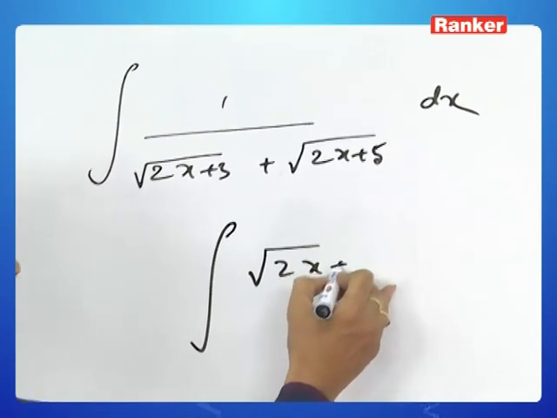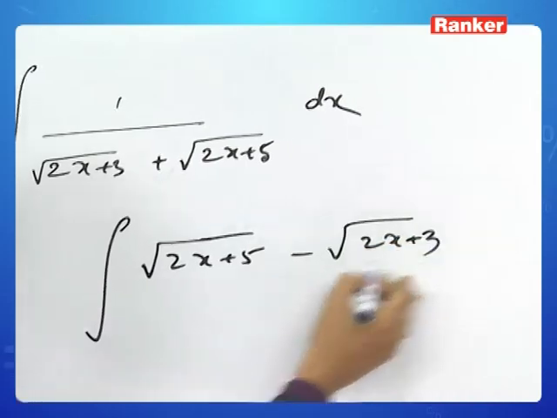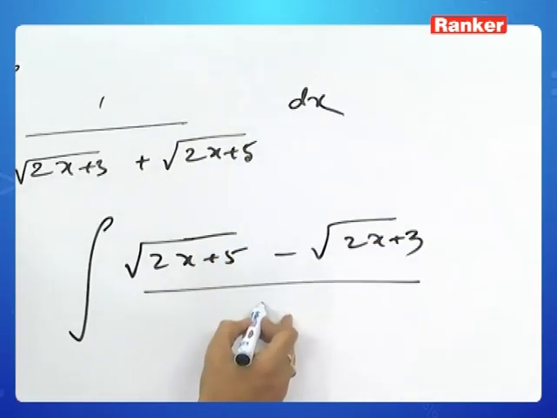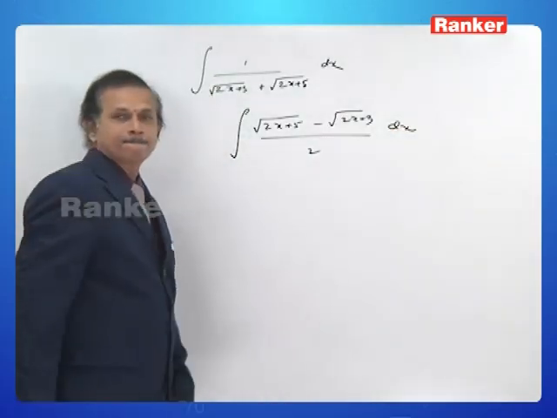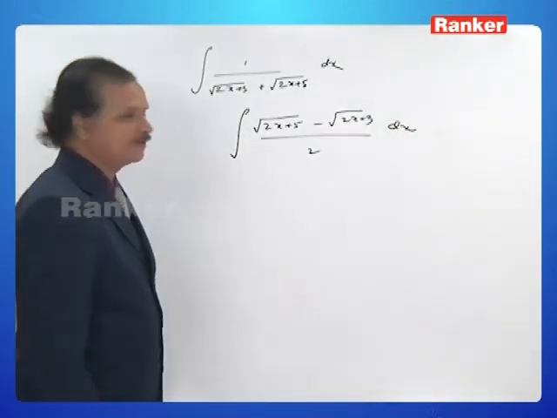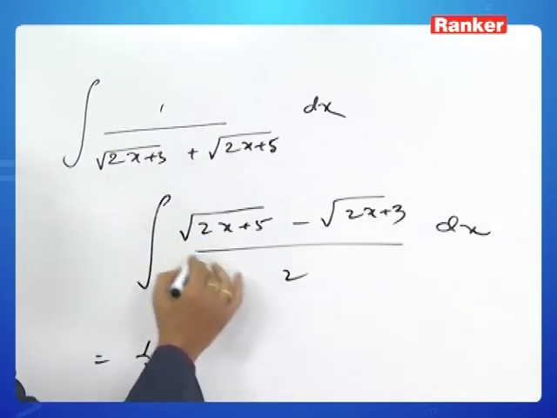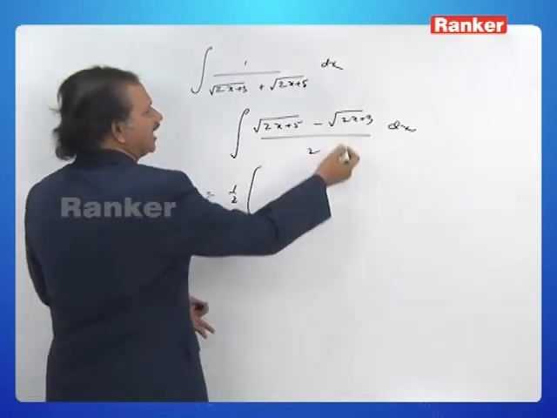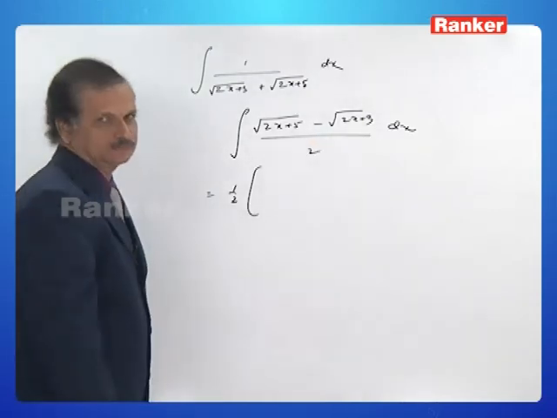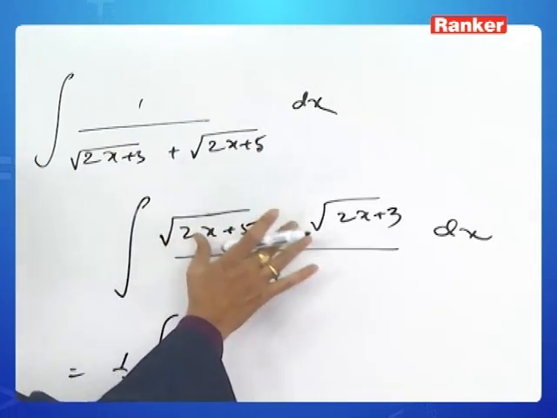Root of 2x plus 5 minus root of 2x plus 3 by the difference of the squares, which is 2, dx. By getting it rationalized, it is half into the integral of root of 2x plus 5 minus integral of root of 2x plus 3. We can easily have the answer.